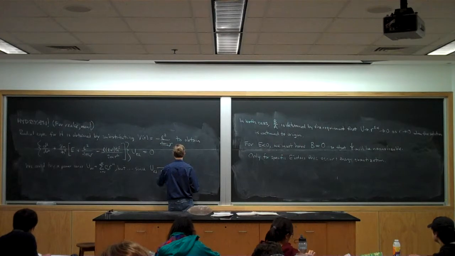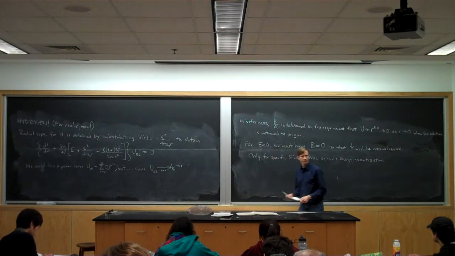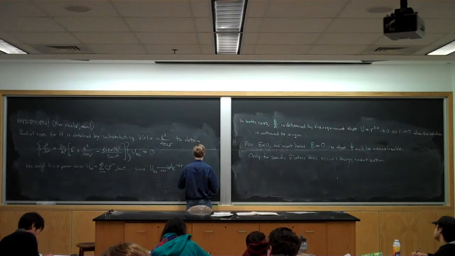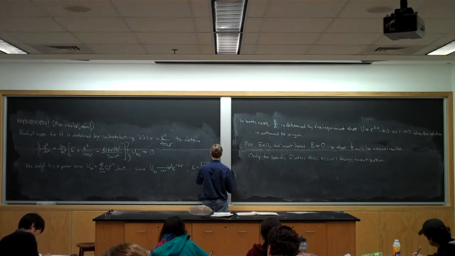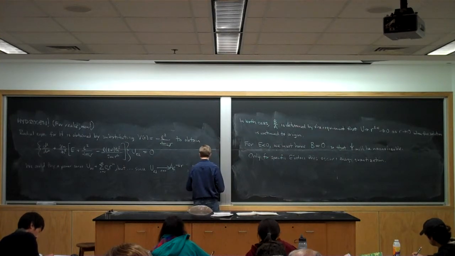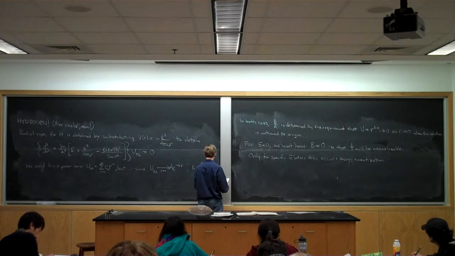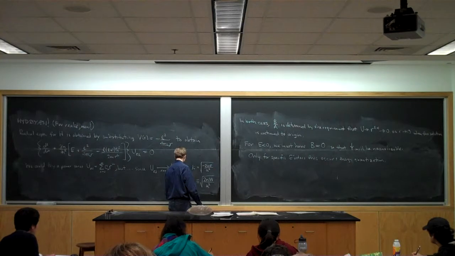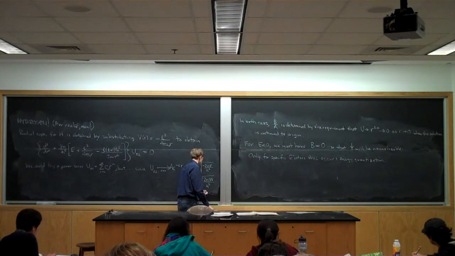Actually, I should say some constant times e to the minus kappa r, where kappa is equal to the square root of minus 2mE over h bar squared, which we're going to call the square root of 2mW over h bar squared, where W, which is minus E, is the binding energy.